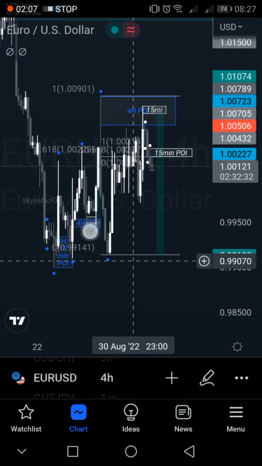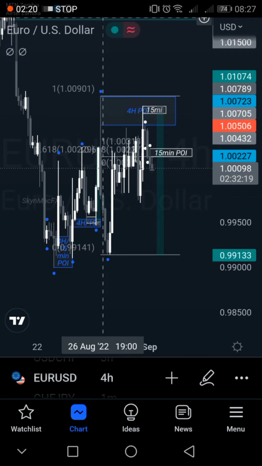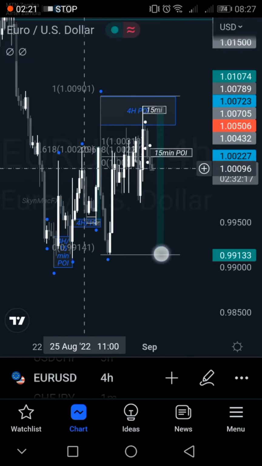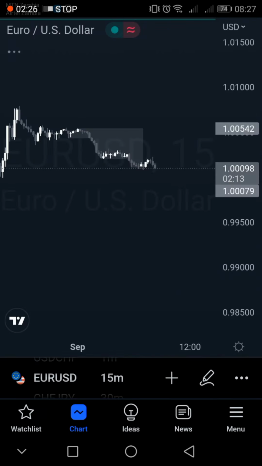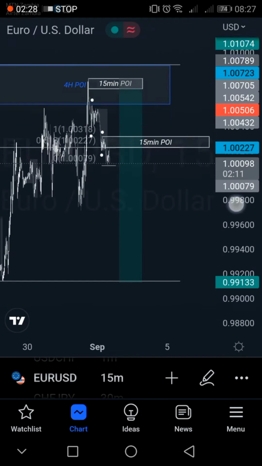We formed the supply zone up here, and so I waited for price to retrace and give me confirmation so that I can target this low, which I've gotten the 15-minute confirmation. You can see my 15-minute confirmation is right there. Change of character is right here on this low.